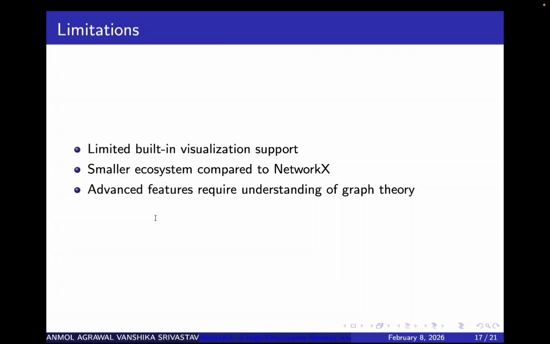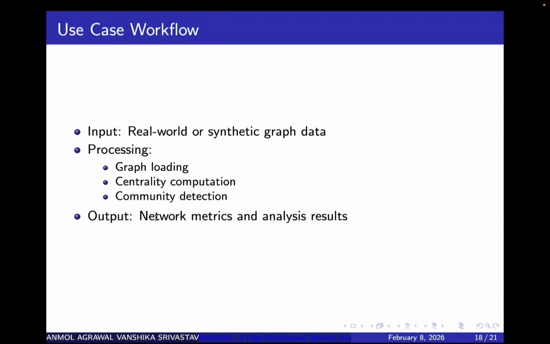Now, the use case workflow. A typical workflow using Networkit looks like this: first, we input a real world or synthetic graph. Then, we process it by loading the graph, computing centrality measures, and detecting communities. Finally, we obtain network metrics and analysis results.